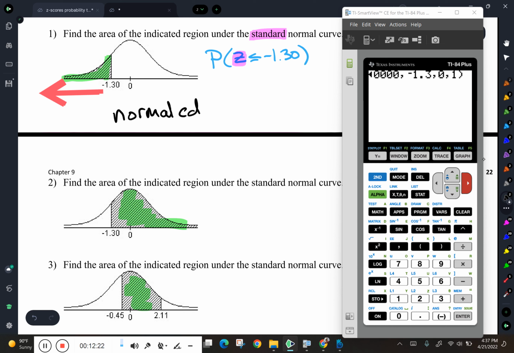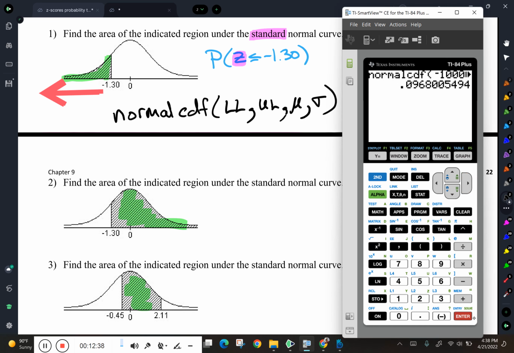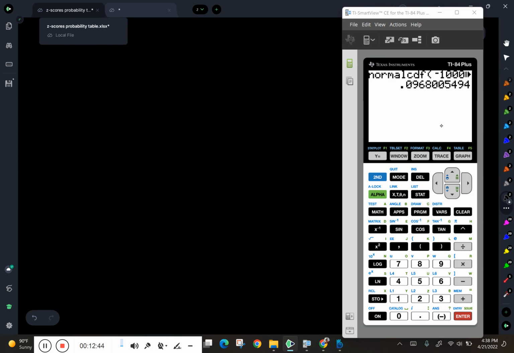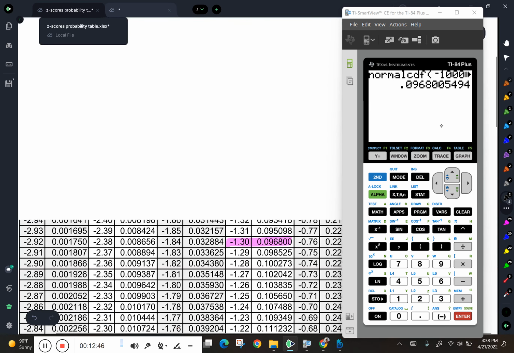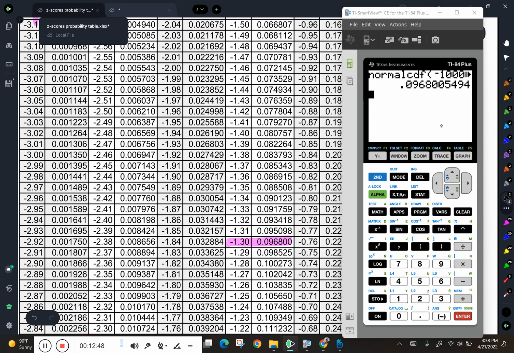Normal CDF, lower limit, comma, upper limit, comma, mean, comma, standard deviation. And when I press enter, I get this, 0.096800549. Is that what we got over here on the table when we looked it up? Is that the same value?